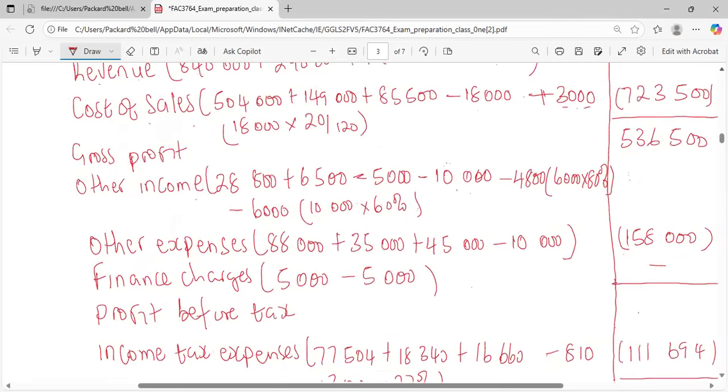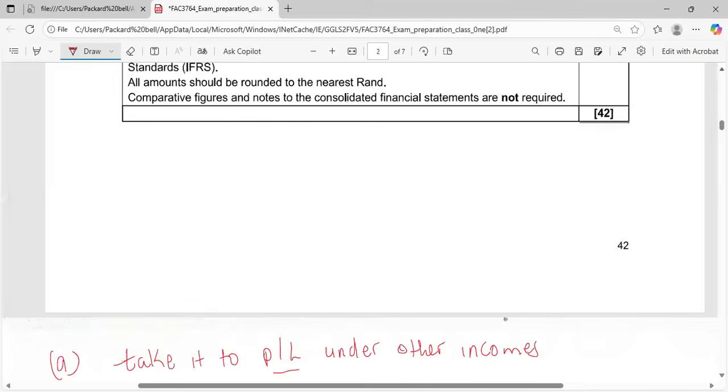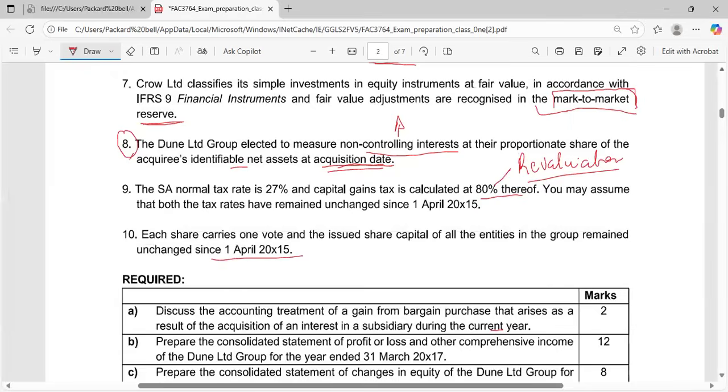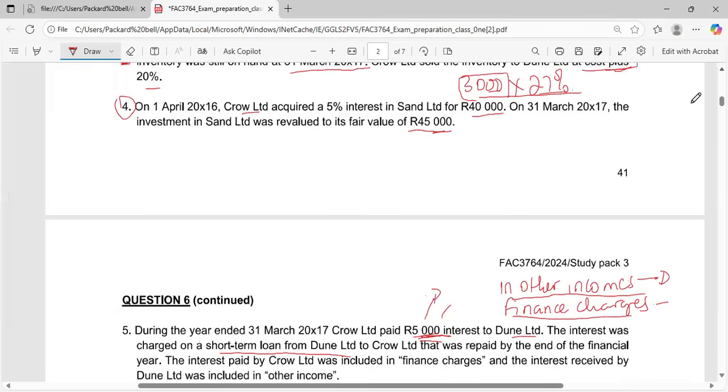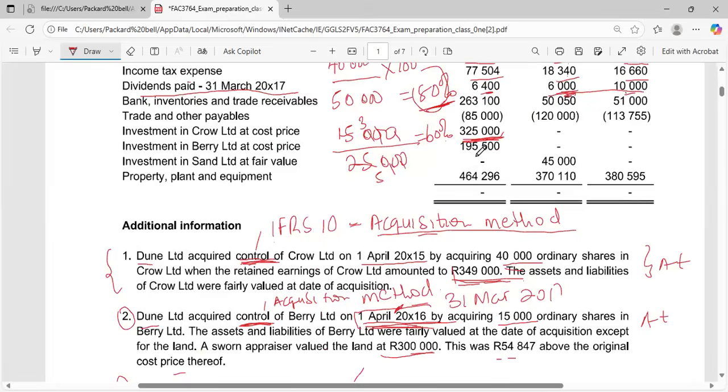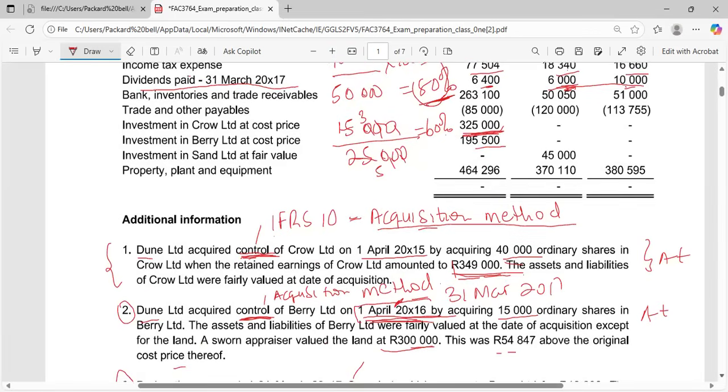So our consideration is going to be here, it's 195,500. That's the consideration.